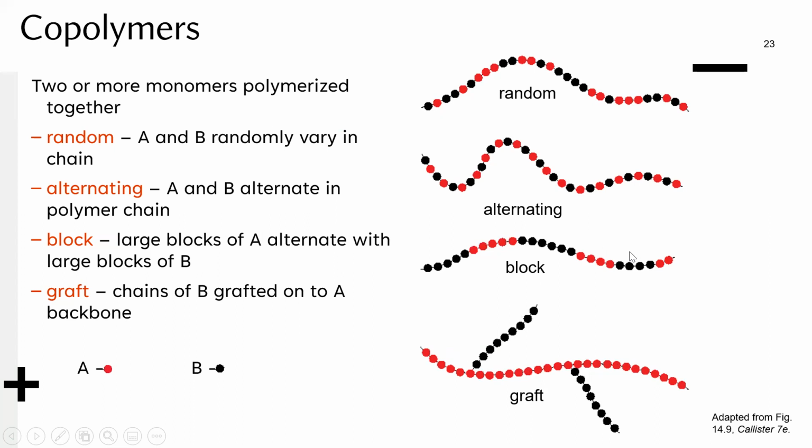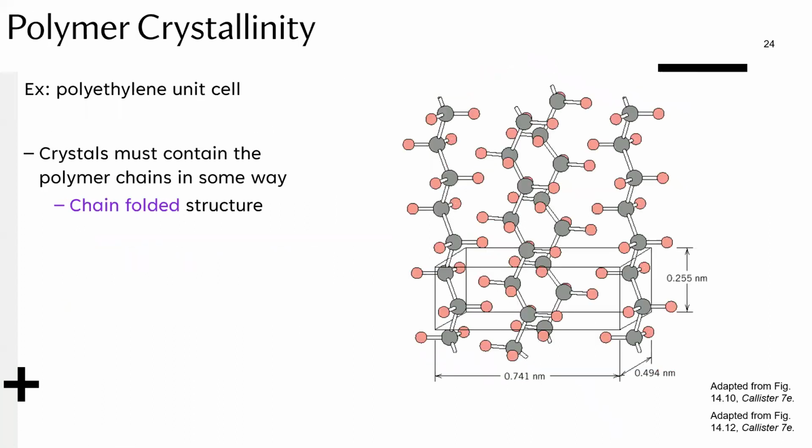So now that we've discussed copolymers, we're going to talk about crystallinity. So in general, crystallinity is a rather intricate topic. The reason is that it's difficult to define the crystalline unit. So you actually have to figure out what that smallest unit for your crystallized structure is.